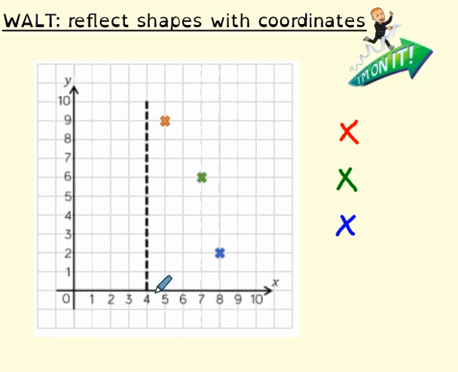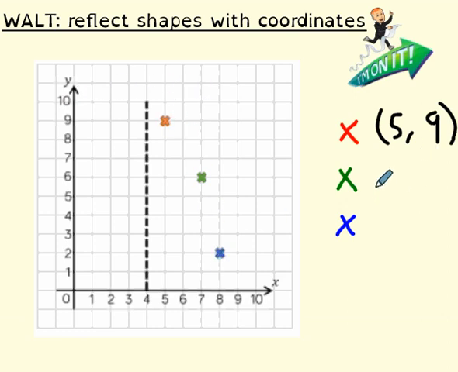So the coordinates of the orange cross there would be 5, 9. Remember how we write coordinates in brackets separated by the comma. First number is the x coordinate, the second number refers to the y coordinate.